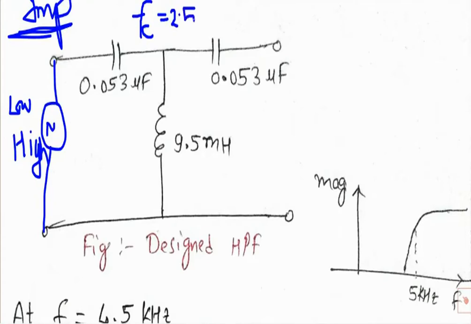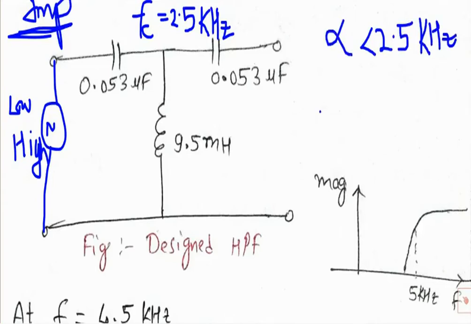So less than 2.5 kilohertz will not be passed because it is a high pass filter, and greater than 2.5 kilohertz will be passed by this filter.